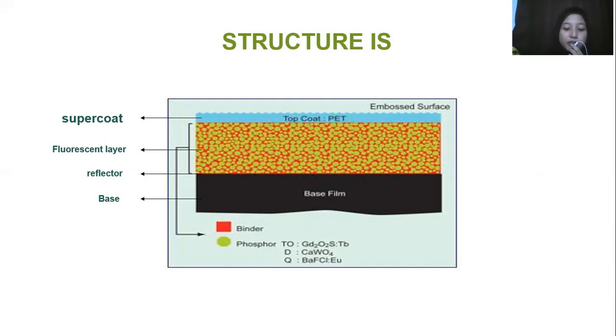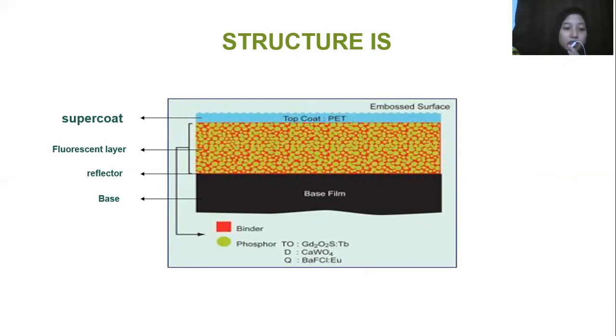Stable chemical structure that does not change when the coating is applied. And the second is the reflector, size 100 to 300 micrometers, which strengthens the light produced by reflecting it, so that the light does not return to the base layer and more goes to the film.